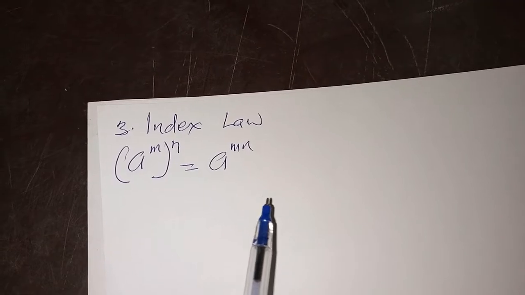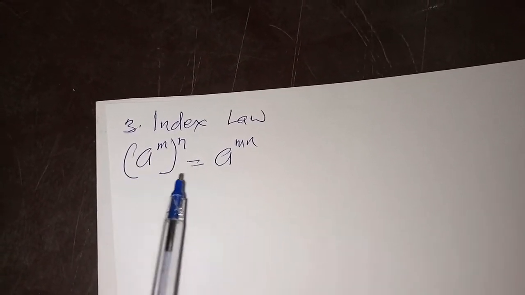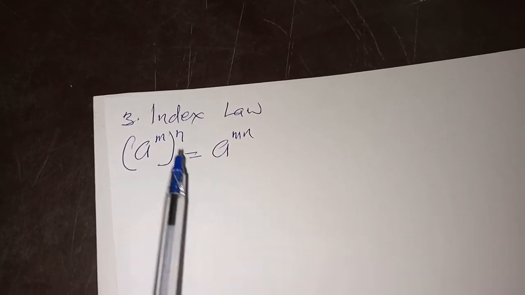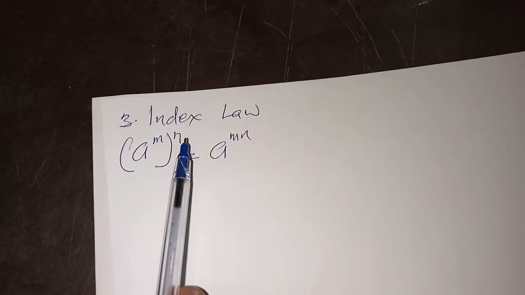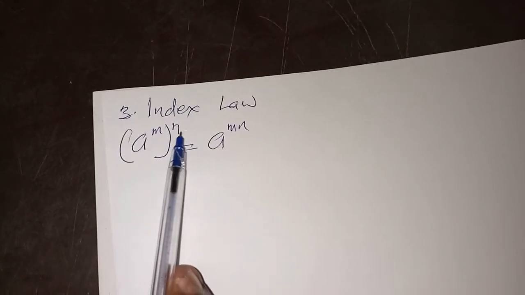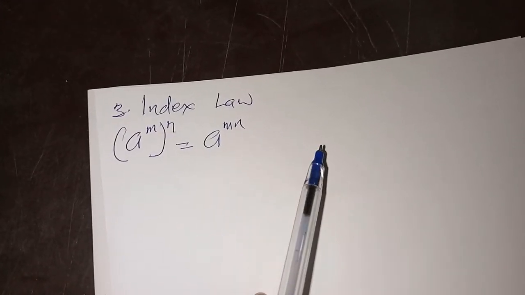It only means that if you have an index, a number with an exponent, and together they are carrying another exponent, you have to simply multiply the two exponents. That is what it means.